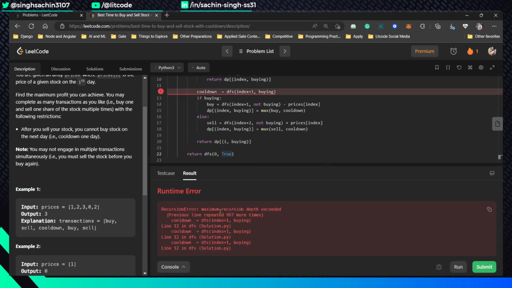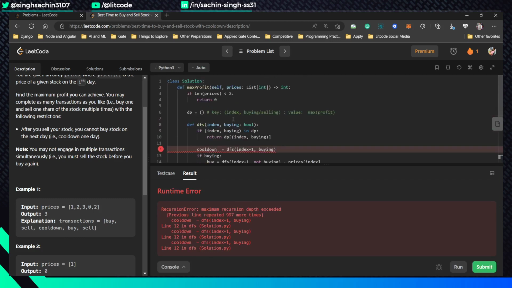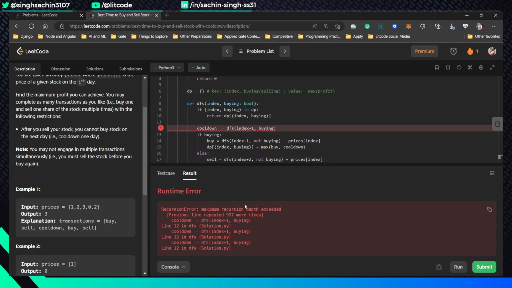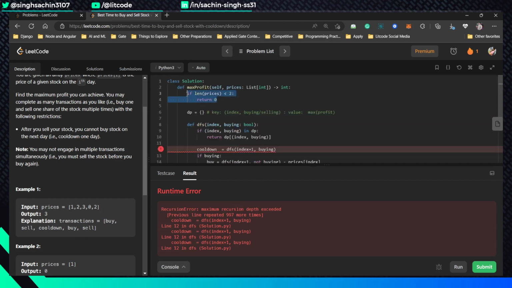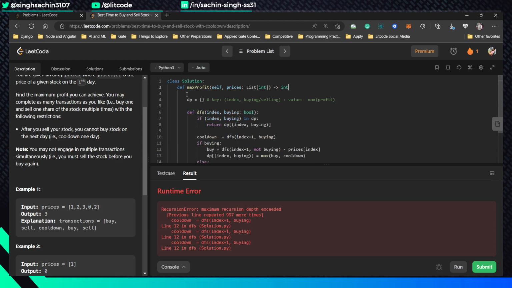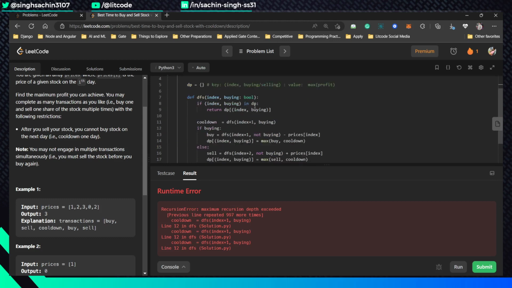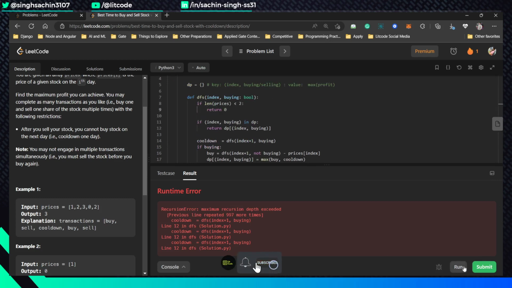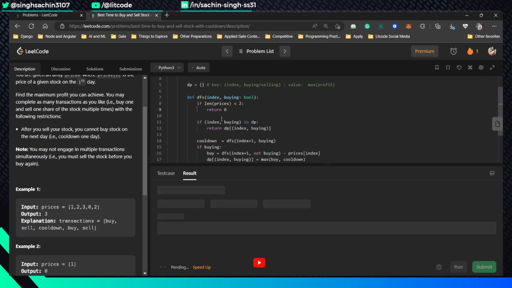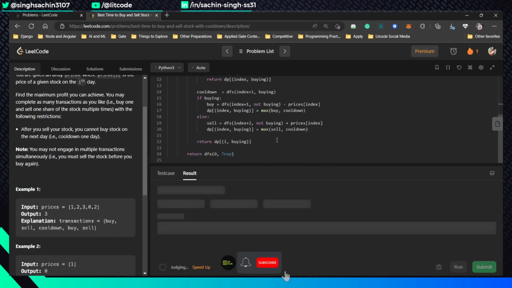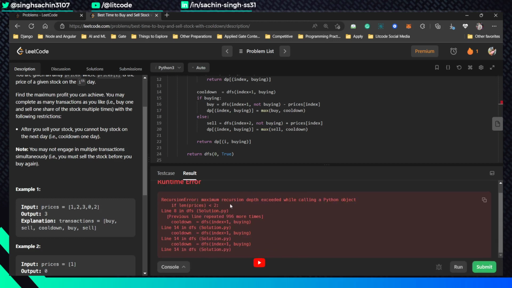Okay, it is taking some time. Maximum recursion depth. I must have missed something. Oh yeah, I think we'll have to put this condition in here as well, so let's take it over here only. DFS plus one, this looks fine.